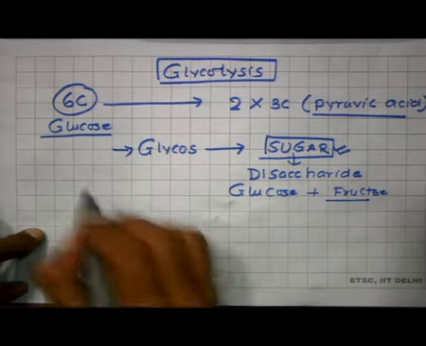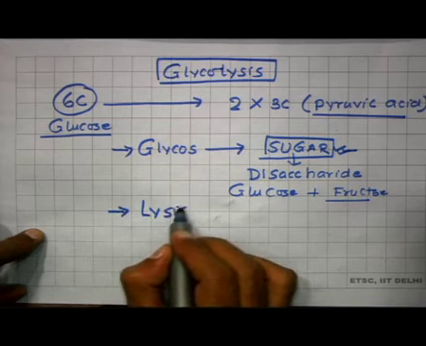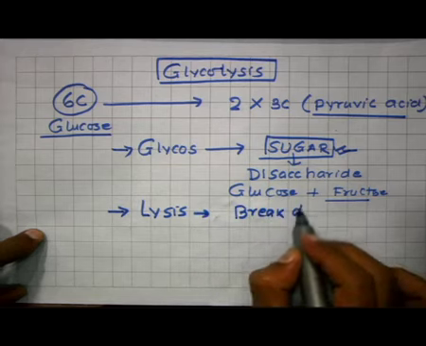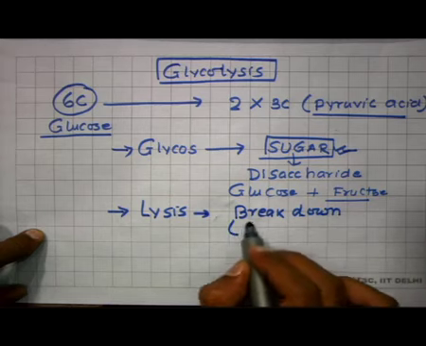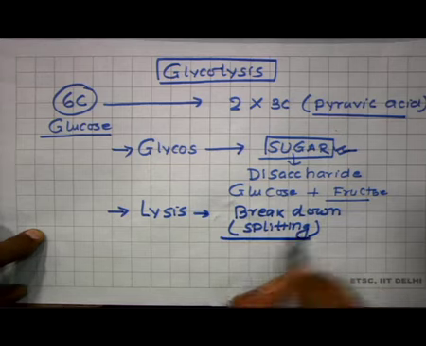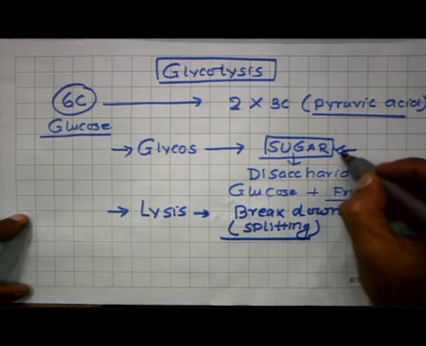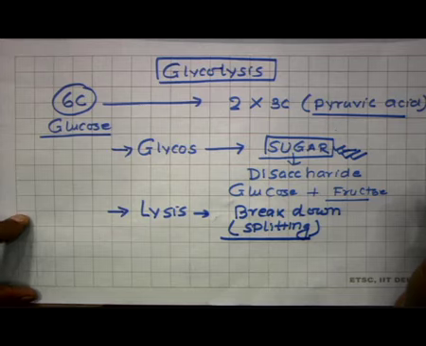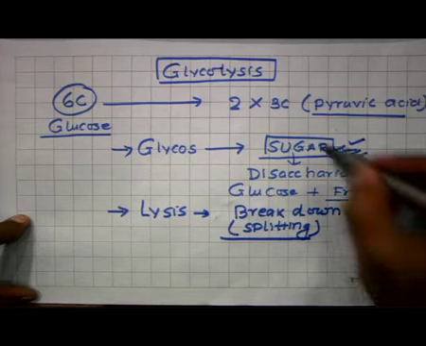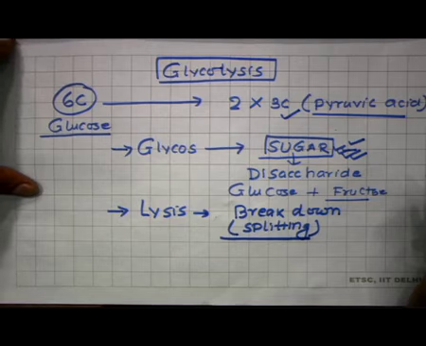The first term glyco means sugar and the second term lysis means breakdown or splitting. As the term indicates, glycolysis is the process in which the sugar molecule, which is already present in the plant as the end product of photosynthesis, is converted into a 3 carbon compound, pyruvic acid.